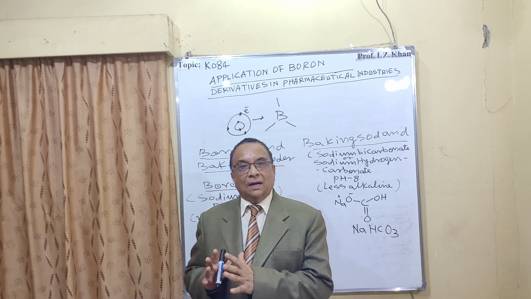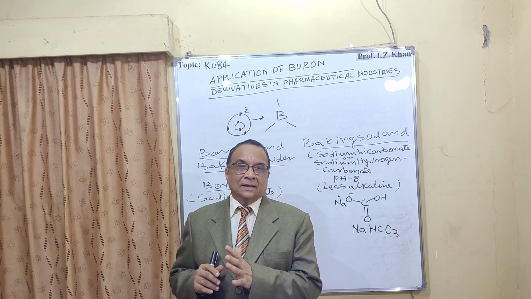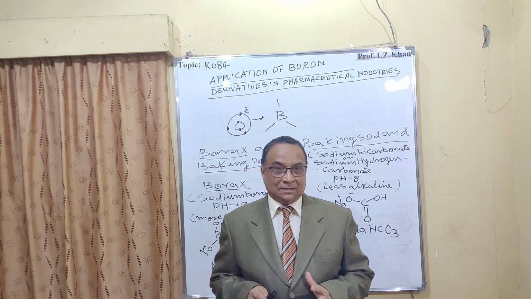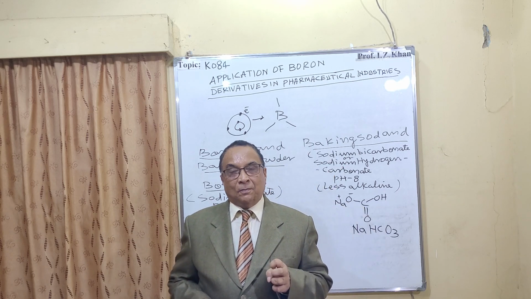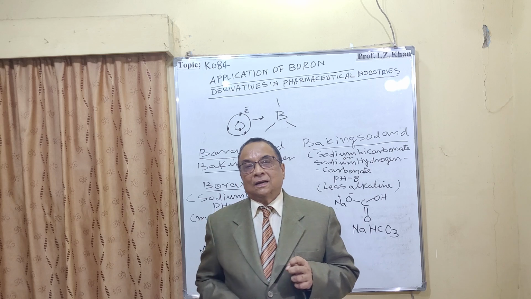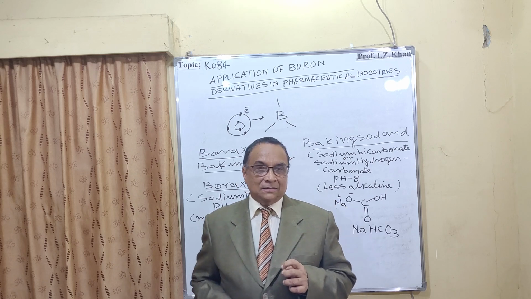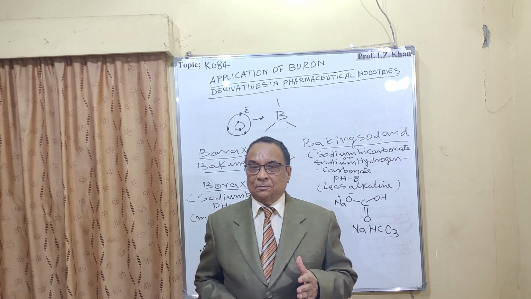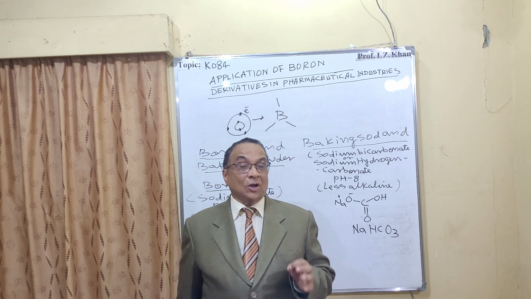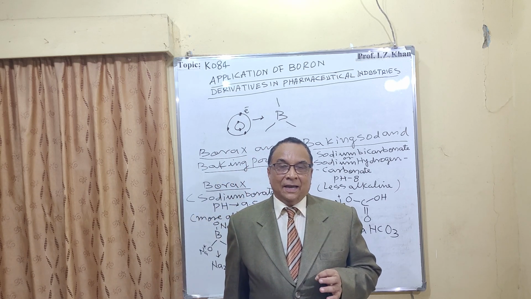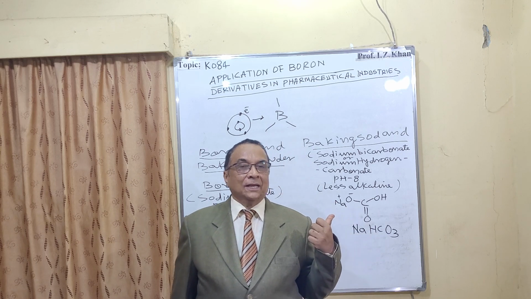Baking soda and borax are different. Borax is the sodium derivative of boron, called sodium borate, commonly called borax, which has a pH of 9 to 9.5, and the formula and structure are given here.